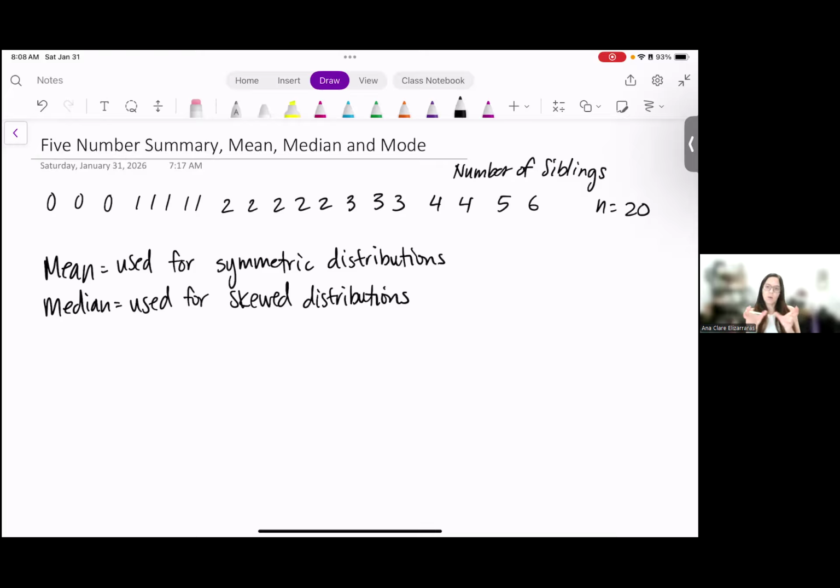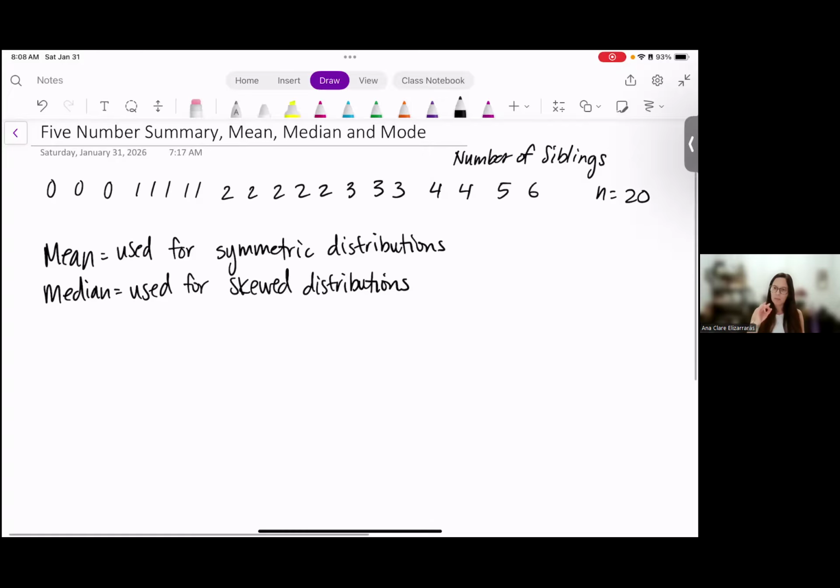So when you are looking at a data set, if your distribution is symmetric, the mean and the median are pretty close together, and we'll use the mean in that situation. If your distribution is skewed, the median will be towards the middle, where your mean will be pulled towards your skewness. And so if that 0 impacts your score, the average is going to be less than what the middle 50% would be.